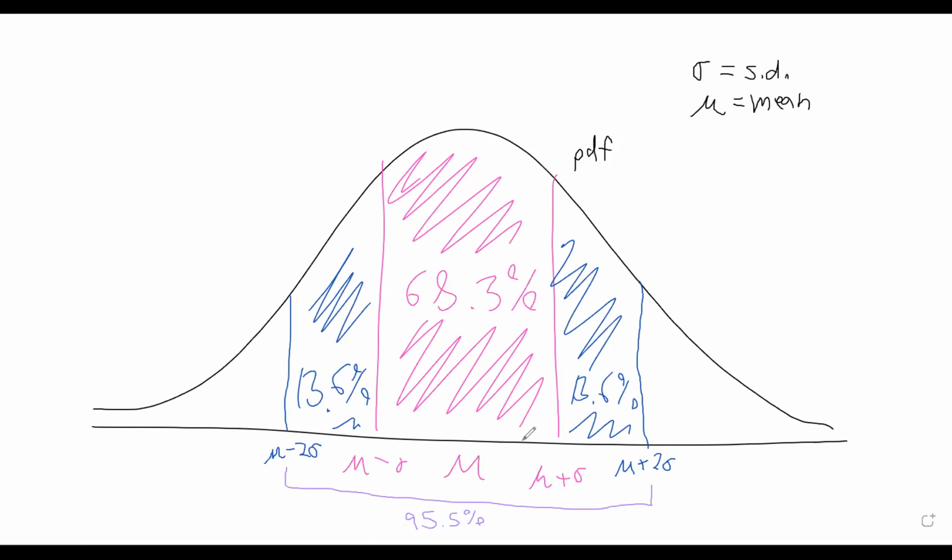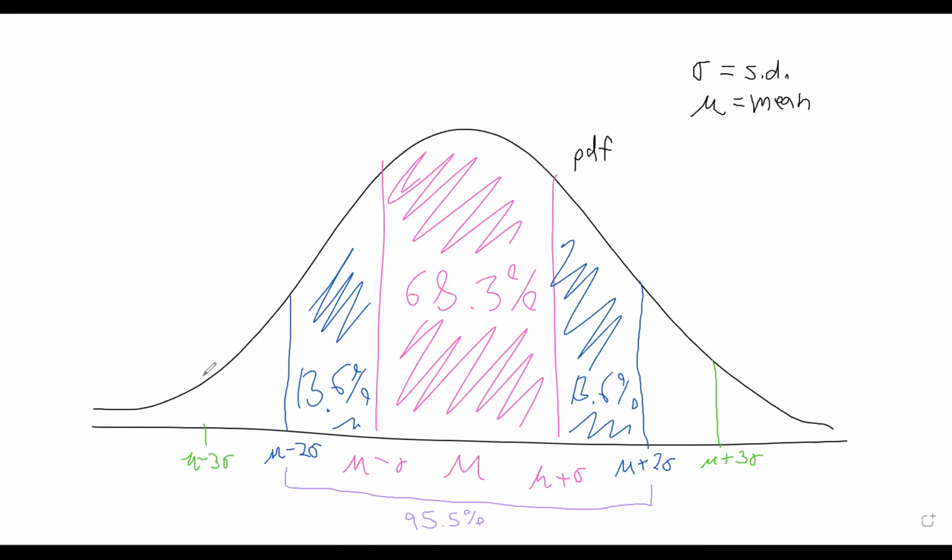Okay, and then if you look at the next region, if you go out to another standard deviation away, mu plus 3 sigma and mu minus 3 sigma.